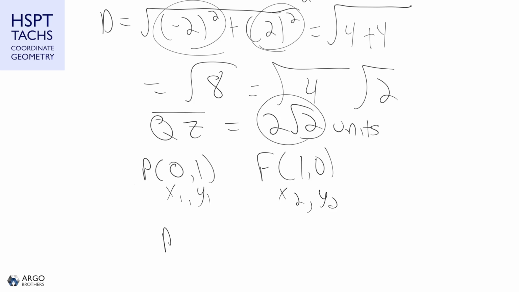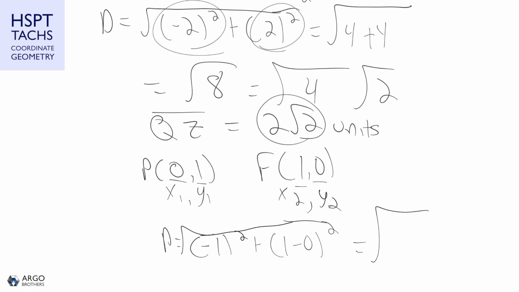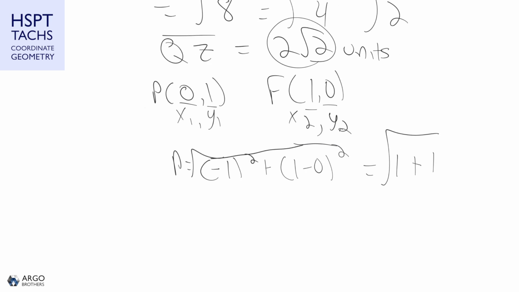And so our distance would be equal to the square root of y2 minus y1, or 0 minus 1, which is negative 1 squared, and plus x2 minus x1 squared, which is 1 minus 0 squared. And that equals the square root of, well, negative 1 squared is 1, plus 1 minus 0 squared is 1, and that equals the square root of 2.